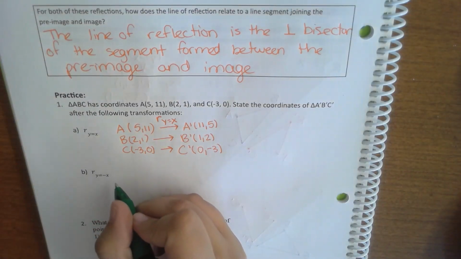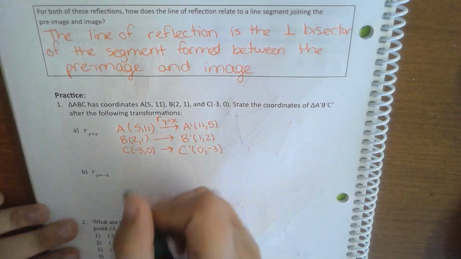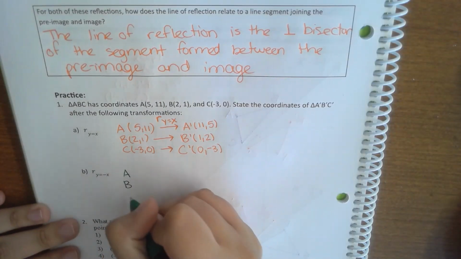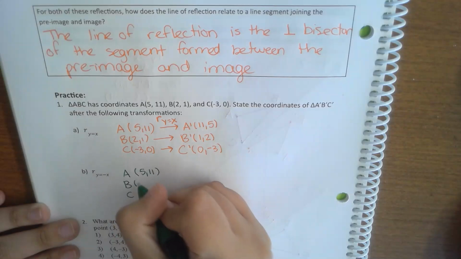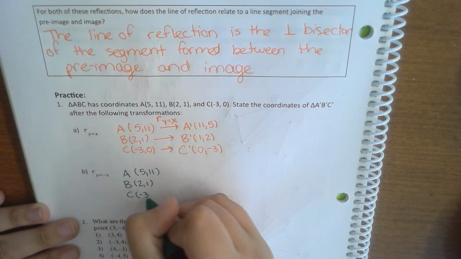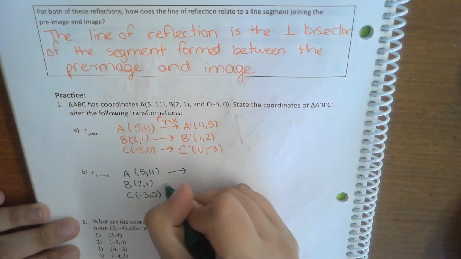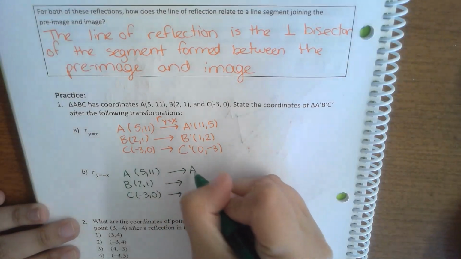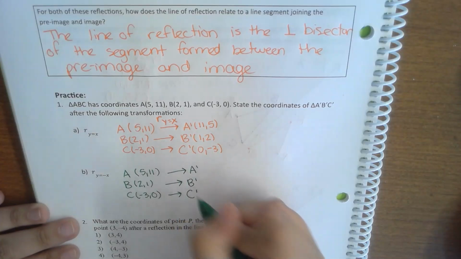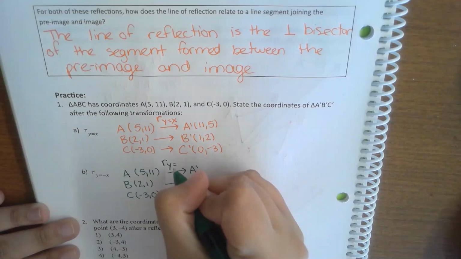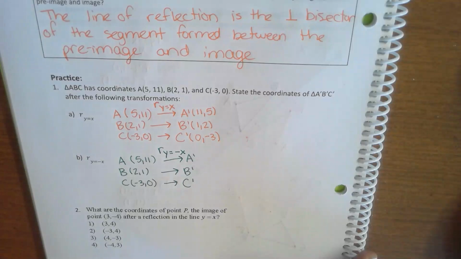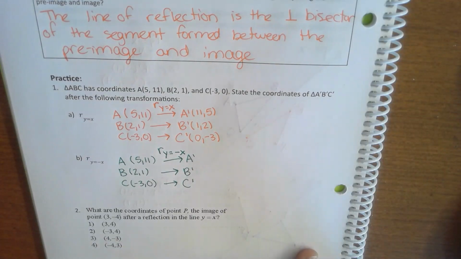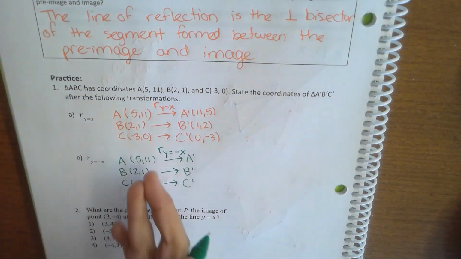Reflecting over y equals negative x is a little bit different. Let's write our pre-image. Start with the original points, 5, 11, 2, 1, -3, 0. We're going to map them all to their corresponding image points. And to do that, we'll reflect over y equals negative x. So for both of these, they're each gonna trade places, switch signs. These would flip.